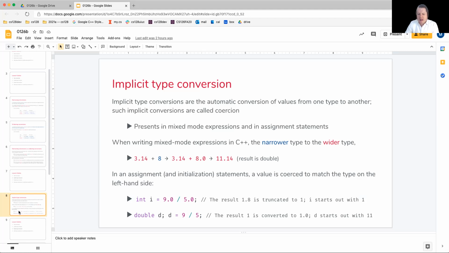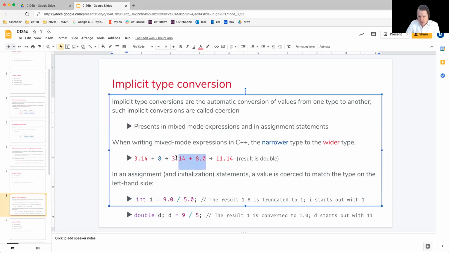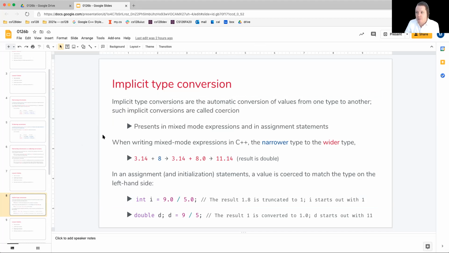Now note at this point, we don't have mixed mode arithmetic happening anymore. We have two values of the same type that can then be added together using the underlying floating point hardware to arrive at the value of 11.14. Notice that the result of adding two doubles together will be a double.